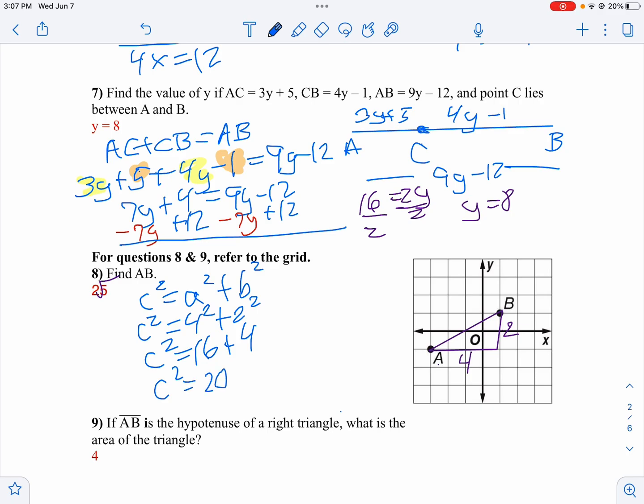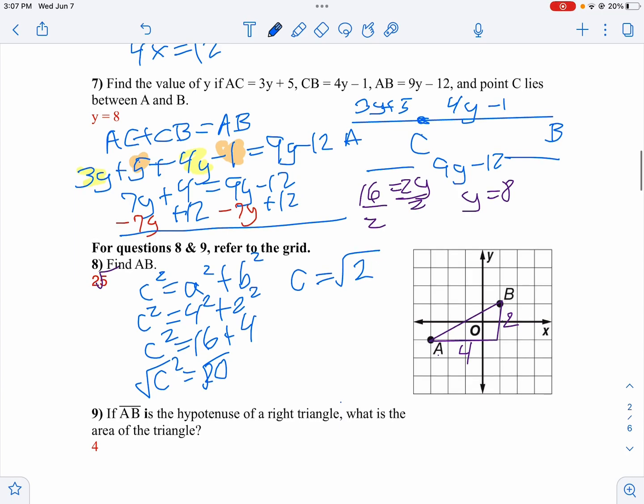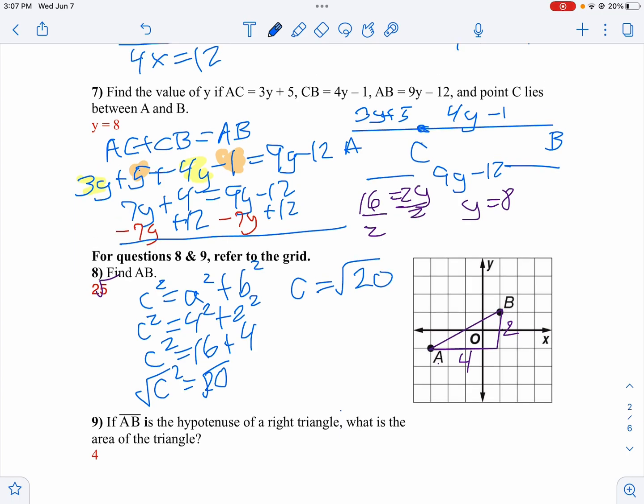So c would be the square root of 20, but I've got to simplify that. What goes into 20? That would be 4 and 5. The square root of 4 is 2, so 2 times the square root of 5.